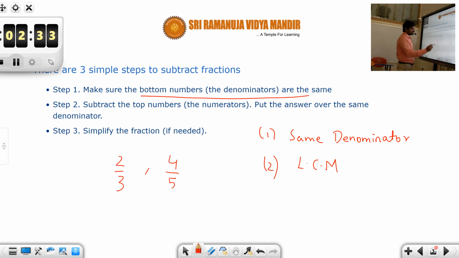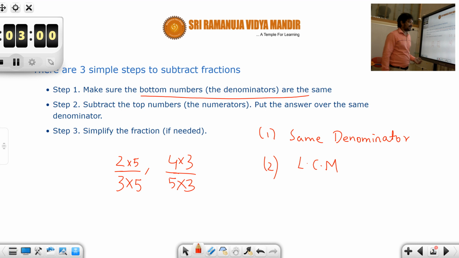To make these two fractions have the same denominator, the denominator of the second fraction is 5, so we'll multiply the numerator and denominator of the first fraction by 5. Similarly, here the denominator is 3, so we'll multiply the numerator and denominator of the second fraction by 3. This is what we call the same denominator method.